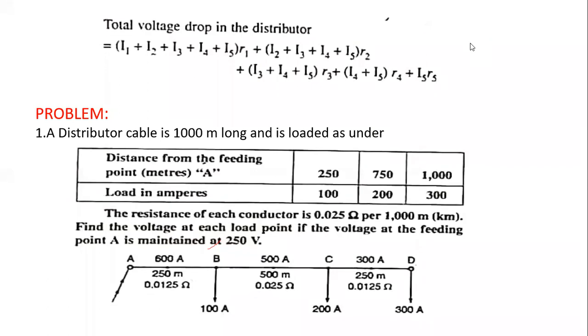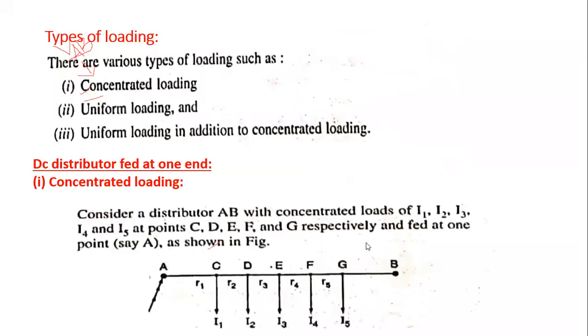Next we are calculating the total voltage drop, that is VAB. Therefore VAB is equal to, how many sections are there? VAB is equal to VAC plus VCD plus VDE plus VEF plus VFG.